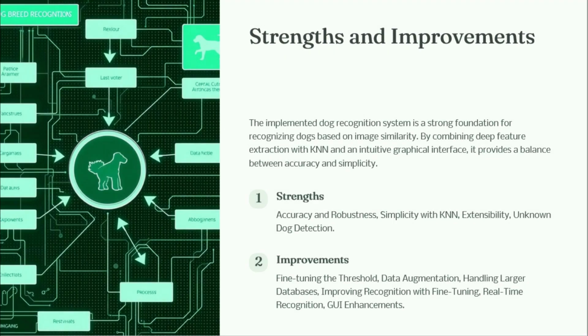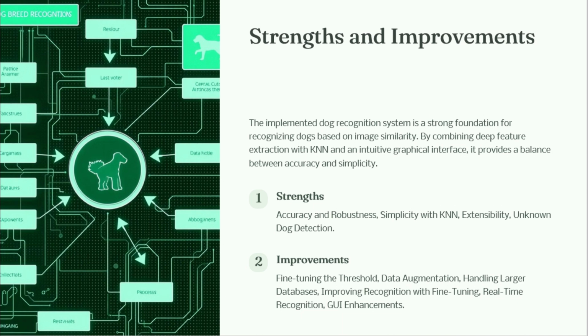Finally, let's talk about the strengths and potential improvements. One of the key strengths of this system is its accuracy. The use of VGG16 for feature extraction combined with KNN ensures a robust recognition process. It's also scalable as more images are added to the database, and it's relatively simple to implement.